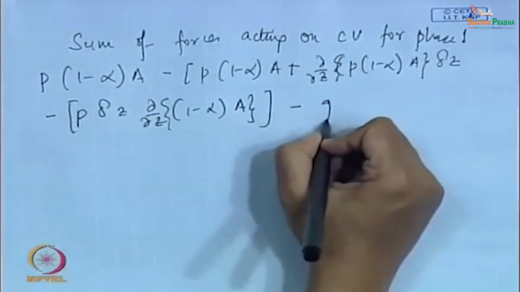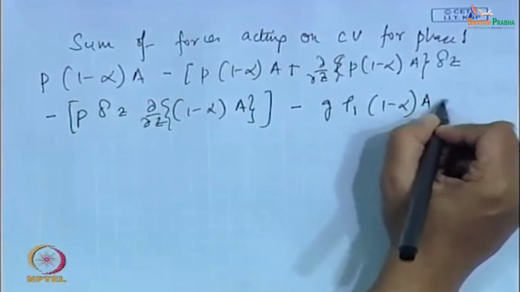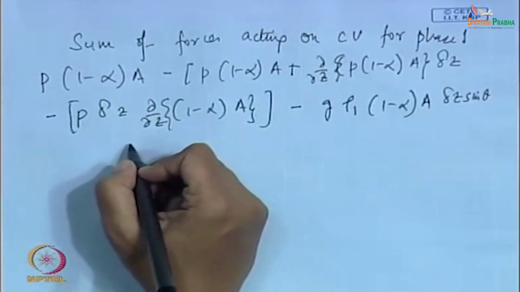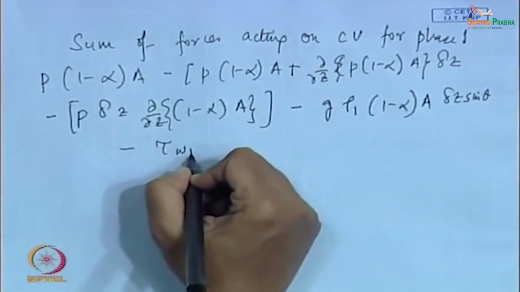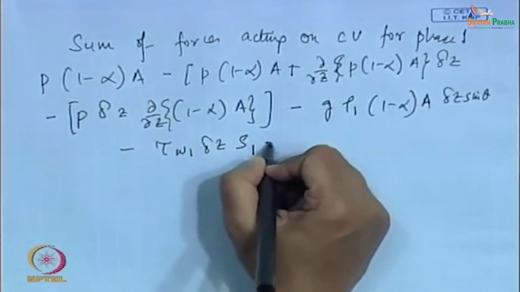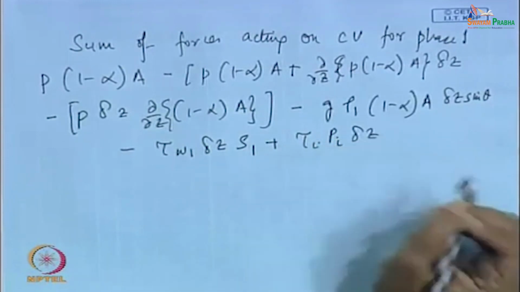Then of course, minus G rho 1 minus alpha A delta Z sin theta minus tau W 1 delta Z S 1 plus tau I P I delta Z.